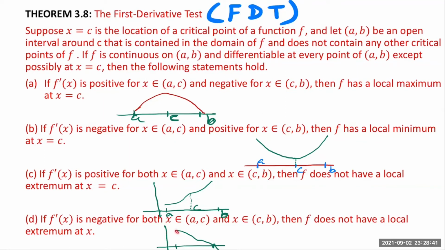In both intervals, your function is decreasing. Here is the value C. As you can see, in this case also, you do not have a local maximum or a local minimum. That means you don't have a local extrema at x is equal to C, because on both sides the derivative of your function is negative.